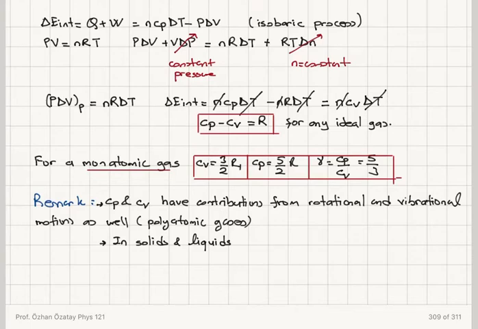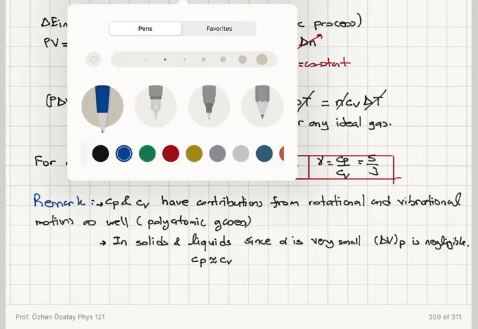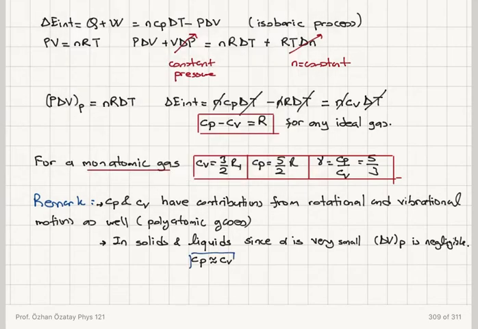So a constant pressure process is almost a constant volume process too, because you have very small change in the volume of the system. So since the coefficient of linear expansion alpha is very small, the change in the volume at constant pressure is negligible. And therefore, we reach the conclusion Cp and Cv should be almost the same for solids and liquids.